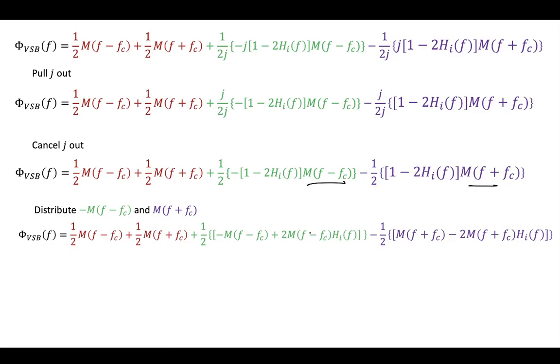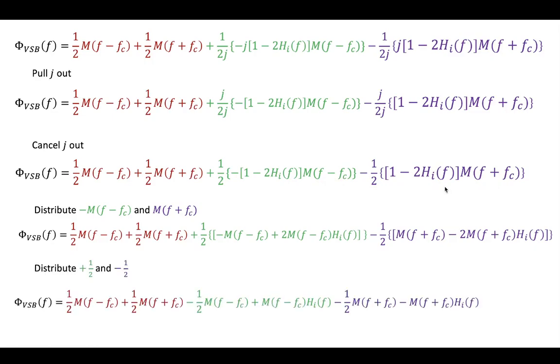So this form is going to get distributed into here and here, and this one is going to get distributed here by the 1 and also into the part that's being multiplied by the filter.